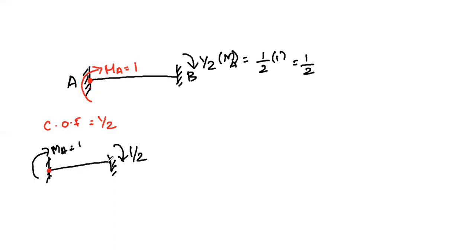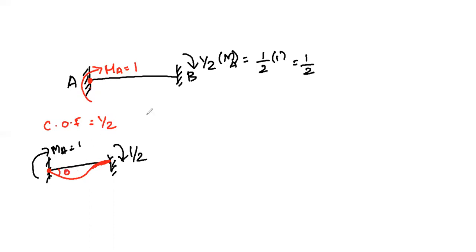But this is a fixed support, so here there will be no slope. The deflected shape will be like this. Near this support there is no slope, so it looks flat. But here, since we have introduced a hinge, there will be some amount of slope, marked as theta.